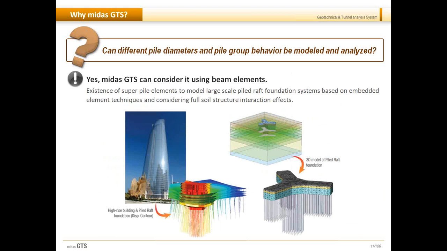You can also investigate different types of pile diameters, considering several properties. This is a model of a high-rise building pile foundation. You have different types of superpile elements that can be used, all considering the soil structure interaction effects.